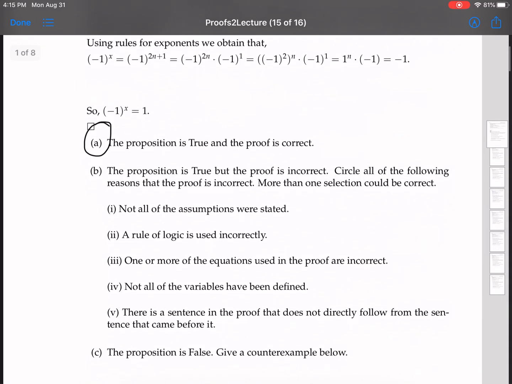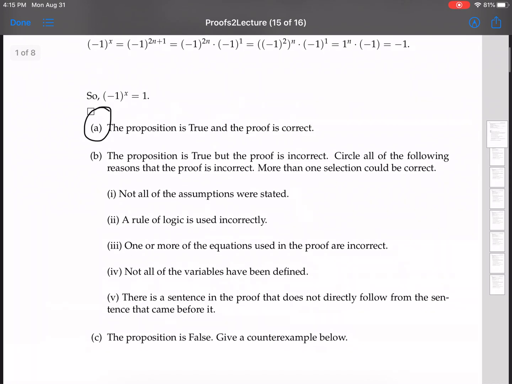Okay, so first of all, if you look in part B here, the first reason why a proof may not be correct is because not all the assumptions are stated.